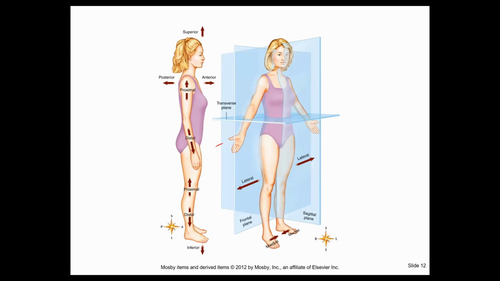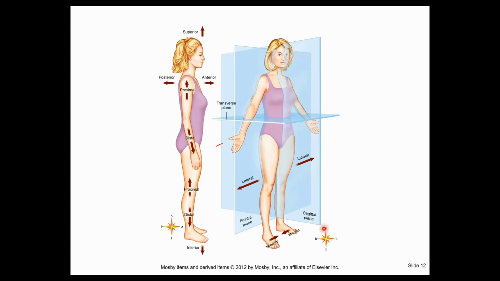The transverse plane divides the body into the upper and lower parts, the superior and inferior parts. Then we have the plane that divides the body into right and left parts. That's the sagittal plane. Here you see the sagittal plane; it divides your right ear from your left ear.